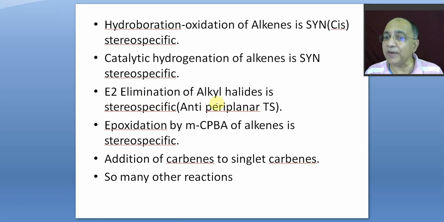E2 elimination of alkyl halide is stereospecific, with an anti-periplanar transition state. I told you earlier that E2 elimination is stereoselective because it gives both cis-2-butene and trans-2-butene in unequal quantities. I am not talking about the same thing here. You just hold on.